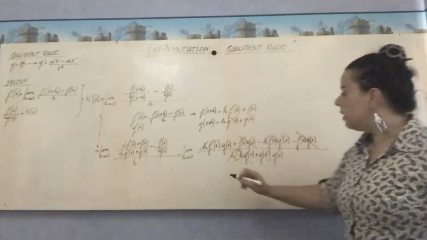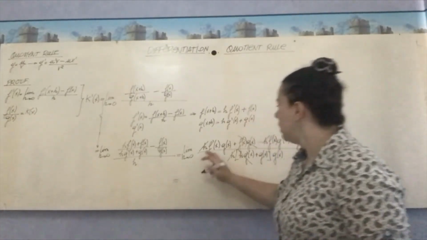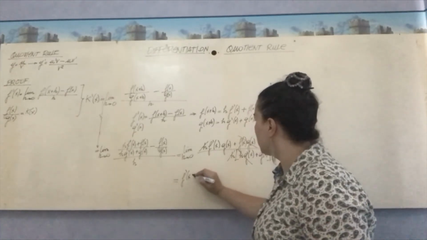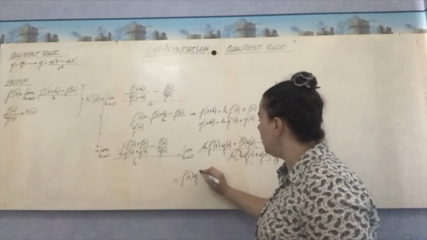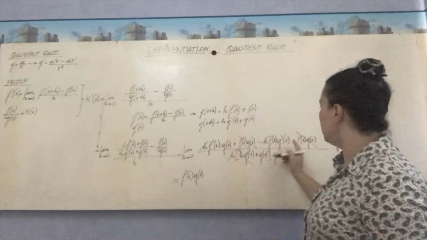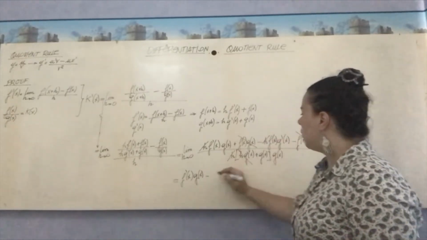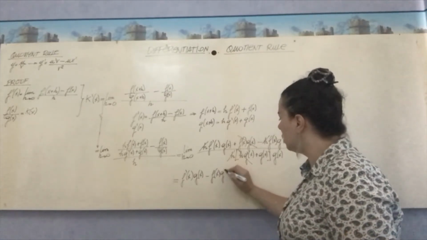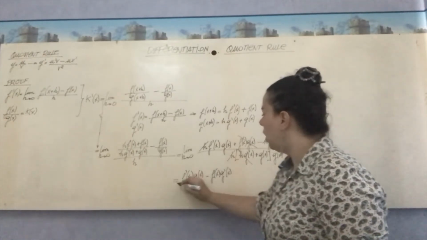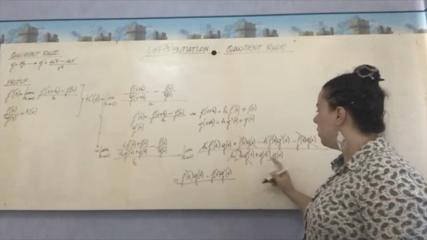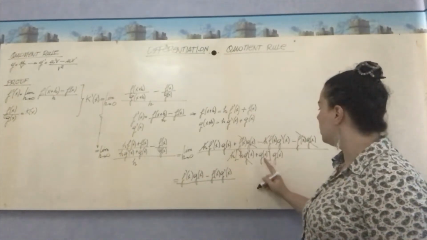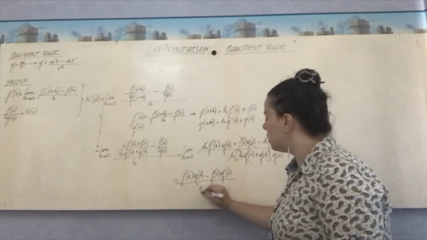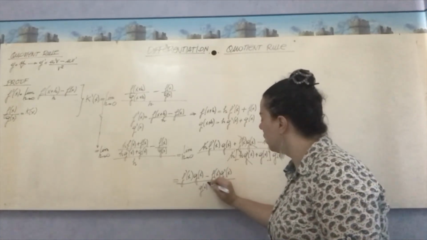Okay, what am I left with? f prime of x g of x minus f of x g prime of x, and all of that divided by whichever was left here, which is g of x multiplying g of x, that's g of x squared.